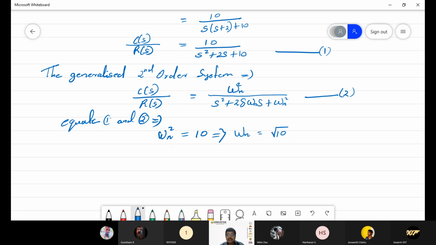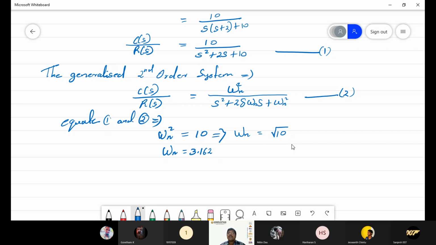So if you are having calculators, tell me what will be the root of 10 value. That is 3.162, am I right? So the omega n value is equal to 3.162. Very good.